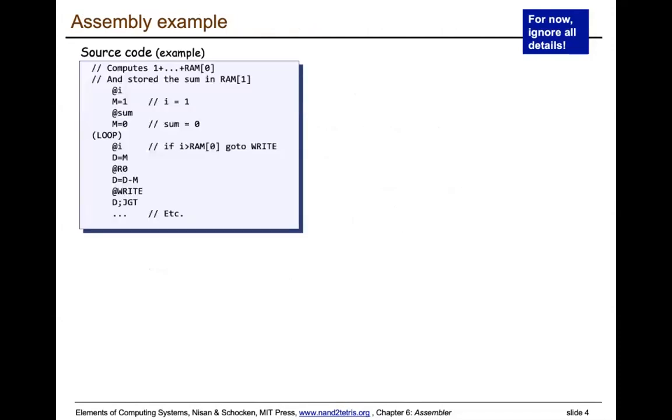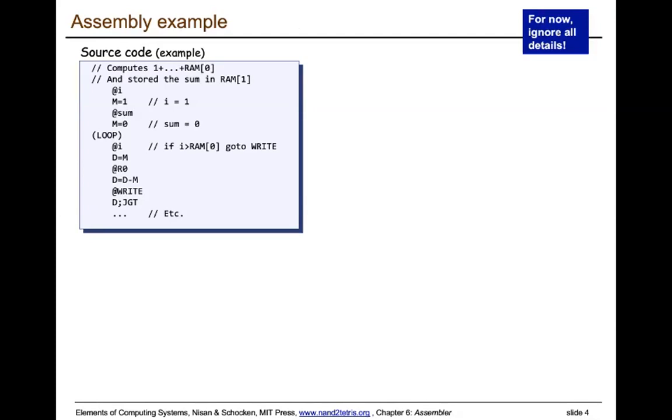For now, we ignore the details, but just to give you the whole picture. This is the assembler source code. I have @i, M equal to 1, let i equal to 1, and @sum, M equal to 0.